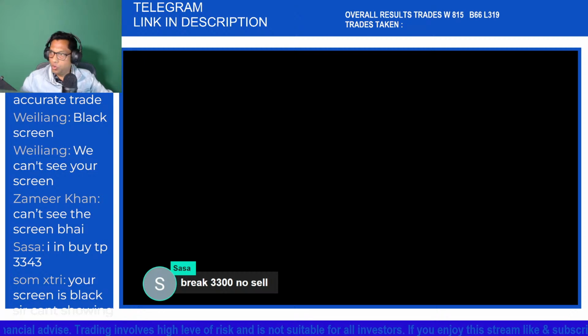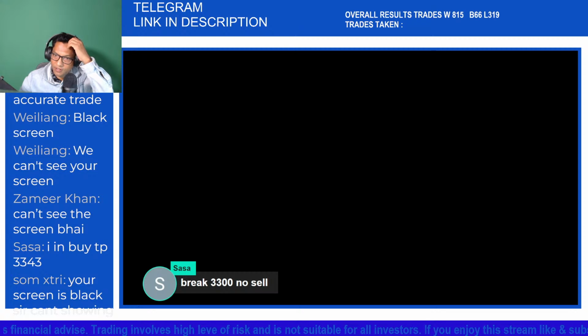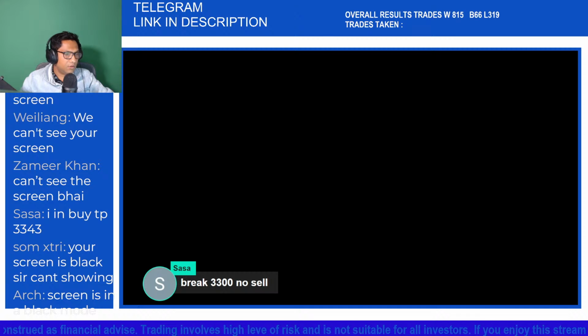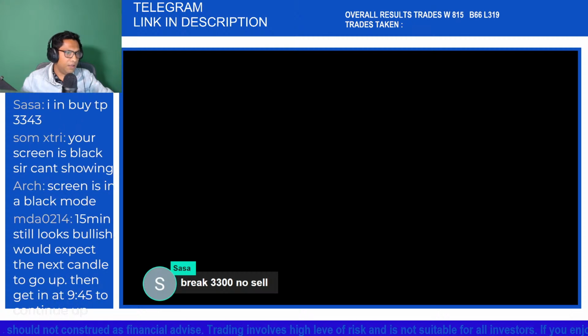So with this sideways movement we could see the price potentially, here it may start to trend again back to the upside.